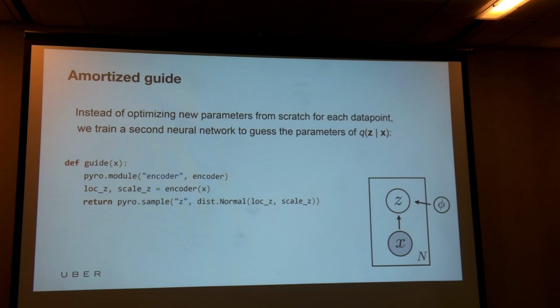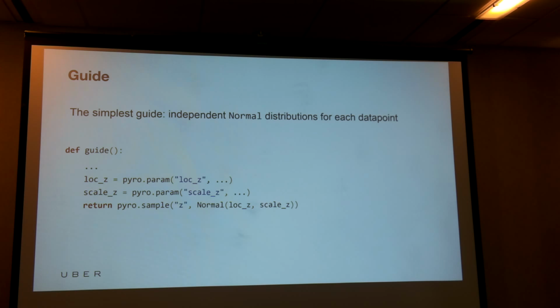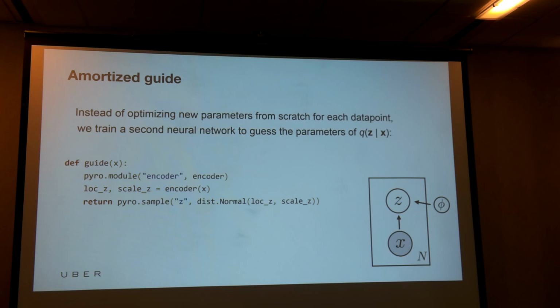The parameters of this encoder neural network, instead of being local to each data point, like they were in our mean field guide, are now global. They're shared across all data points.